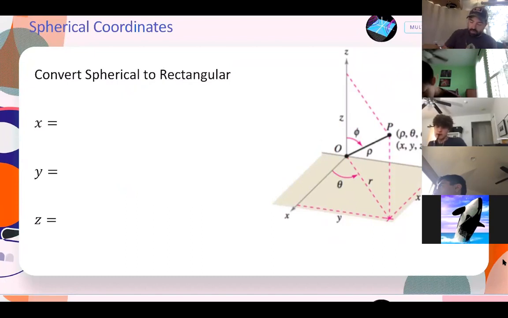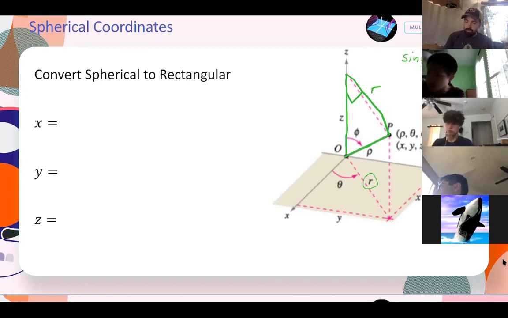I'm going to use the top one for all of it, though. Remember, this is a right triangle this way. And remember, since that whole thing's a rectangle, if this opposite side is r, this is also r. And so I use that sine phi. It's going to be opposite r over hypotenuse rho. So r equals rho sine phi.